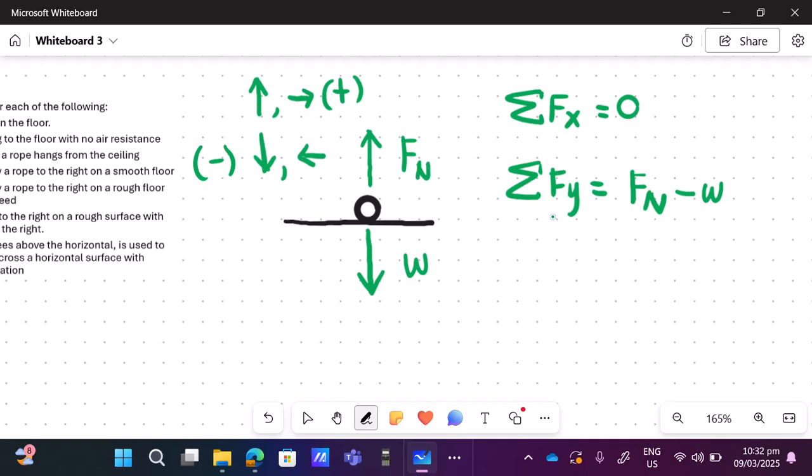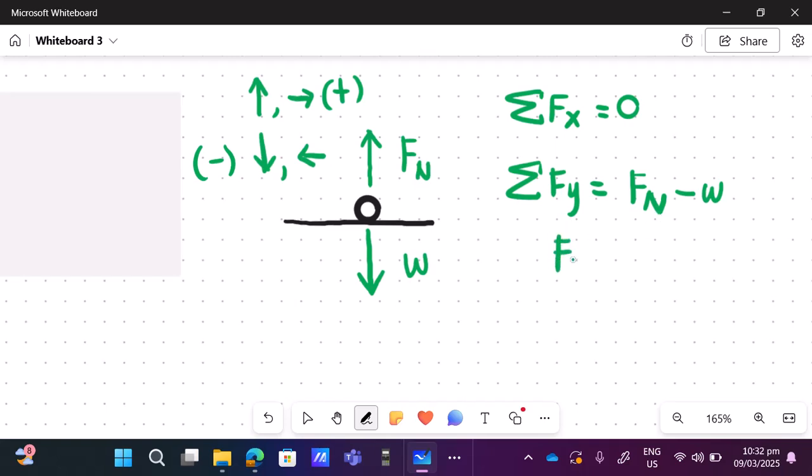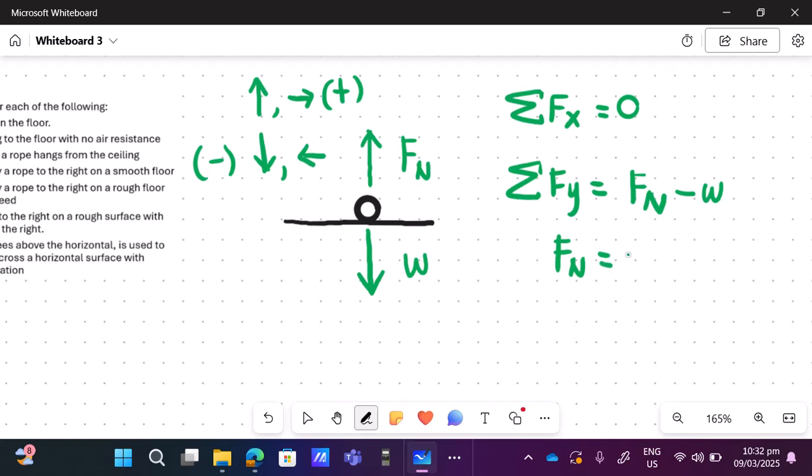Okay? So now, another thing to consider is that since this object is motionless, meaning to say that there is no change in velocity, no change in acceleration. Okay? So we can rearrange. So the normal force is equal to the weight.